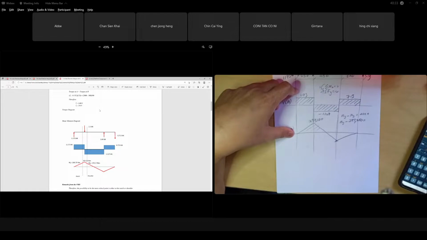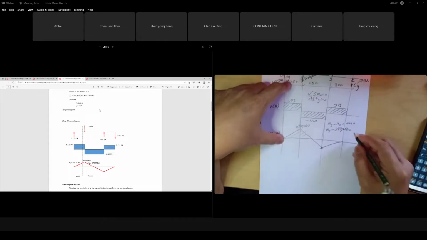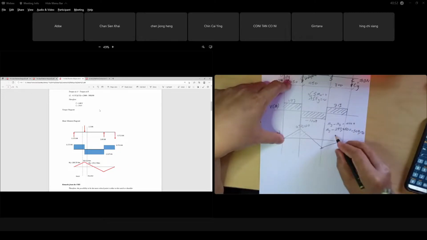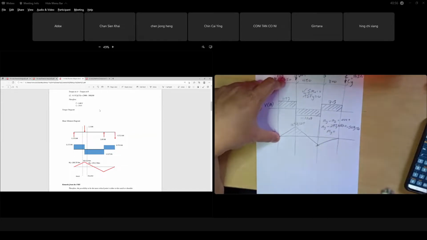Negative 507,150. So M3 become berapa? This one minus ni equal to minus. So M3 will become, okay, negative of this.